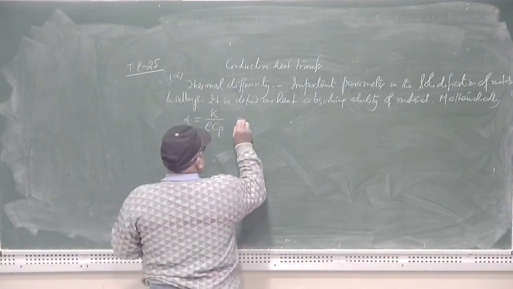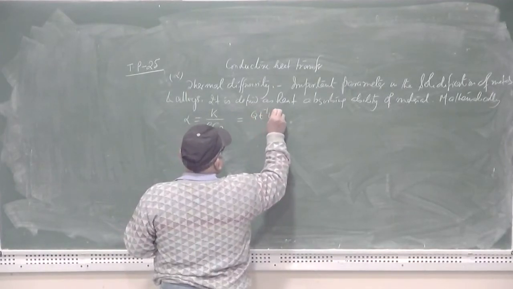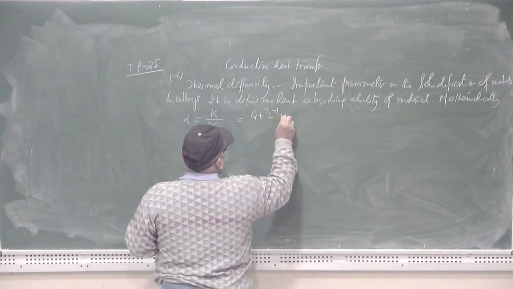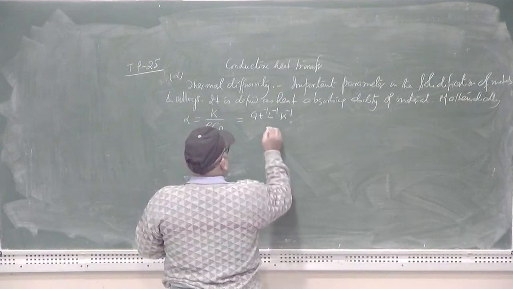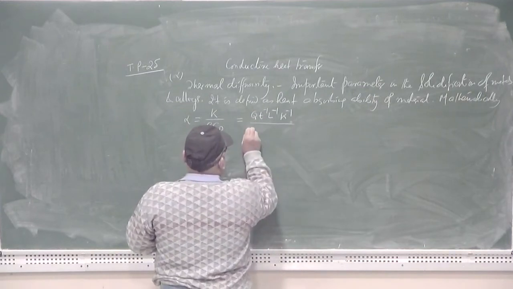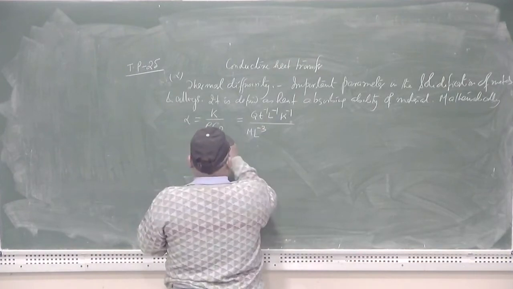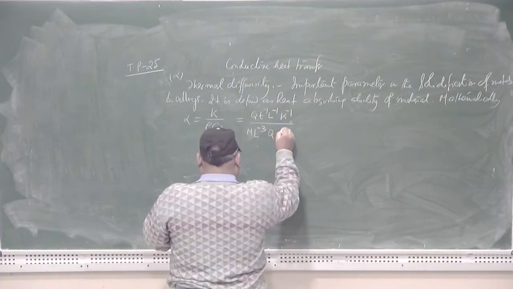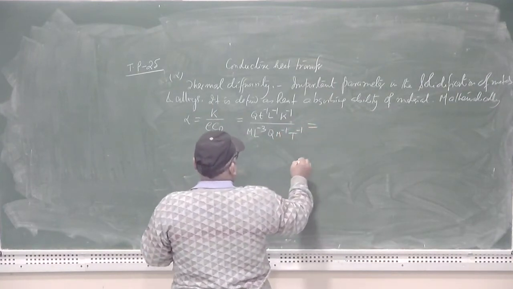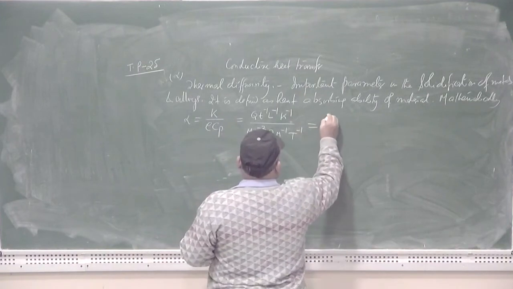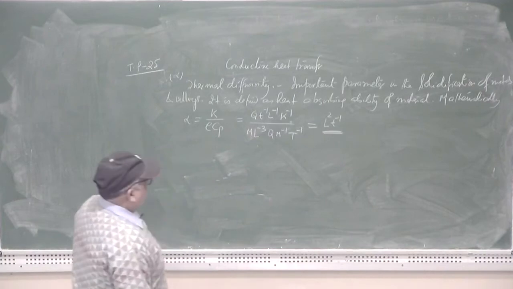So, the dimension of K is Q divided by rho ML raised to the power minus 3 into Cp Q m raised to the power minus 1 t raised to the power minus 1. So, it will come as L square t raised to the power minus 1. This is the dimension of alpha.